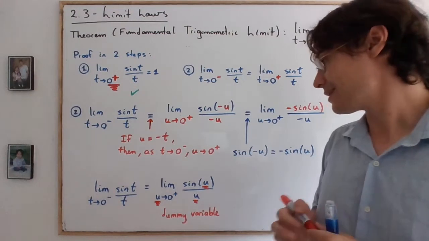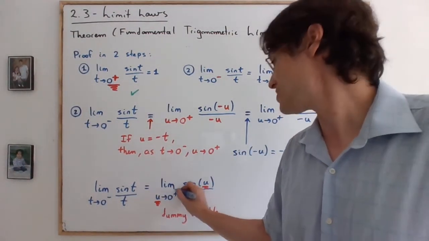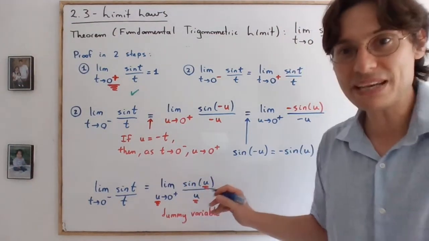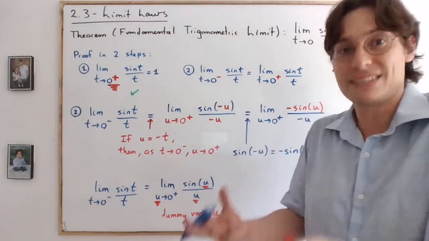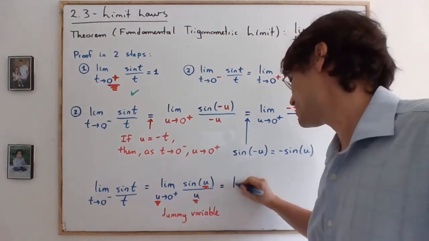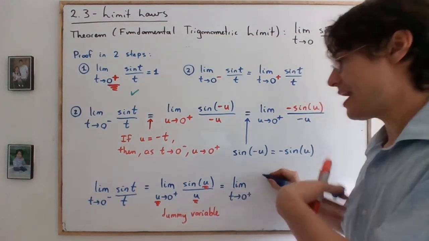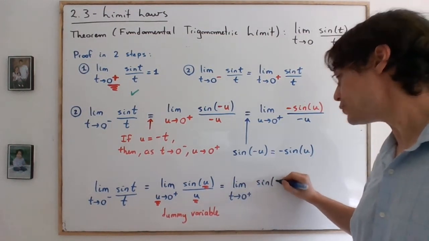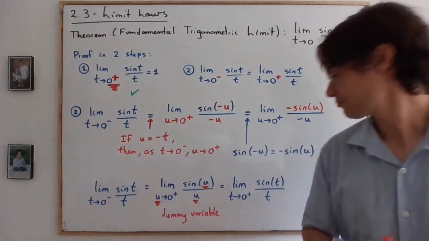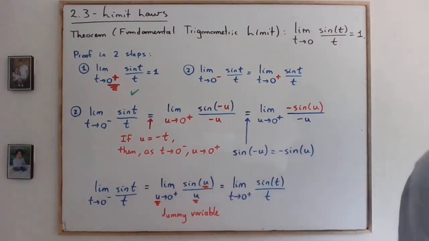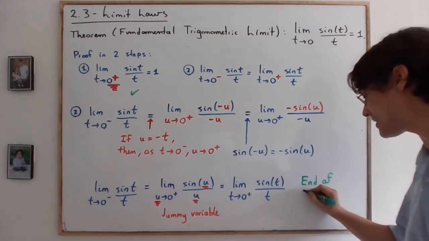So writing that the limit of sine of u over u as u is approaching 0 plus is the same thing as writing the limit of sine of t over t as t is approaching 0 plus. So we can actually replace now here every occurrence of u's by t's. And here we go. This is the end of step number 2.